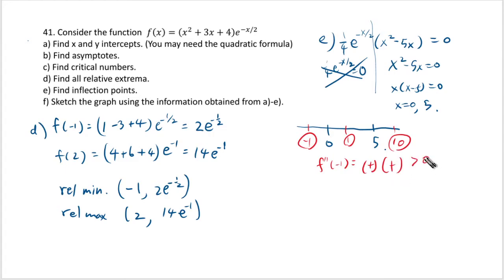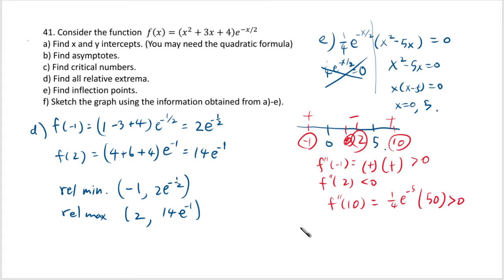So it's positive. And we also calculated 2. We know that f double prime of 2 is negative. And then finally, f double prime of 10 is 10 squared, that's 100 minus 50, so that's going to be 1/4 e to the negative 5 times 50, which is positive. So you do see that concavity goes from concave up to concave down to concave up. So that's good. We know that 0 and 5 are indeed inflection points.